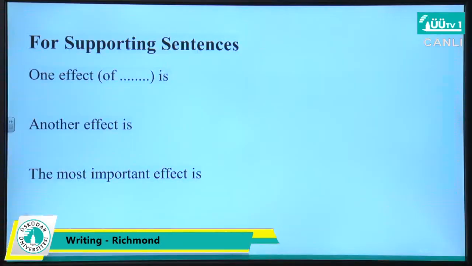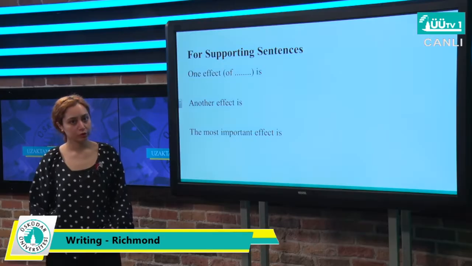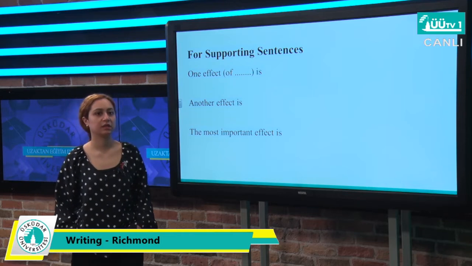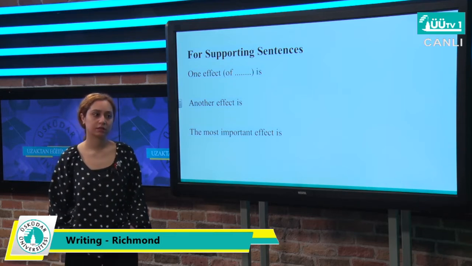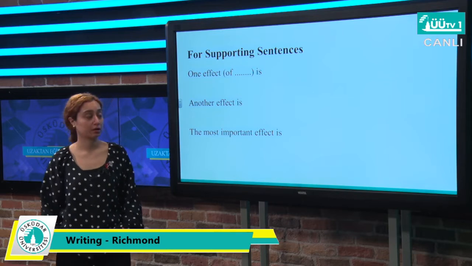So after writing the topic sentence, what we need to do is to write the supporting sentences. So supporting sentences are actually our body, because we need to support our topic sentence. We need to have some arguments, have some ideas to support our topic sentence.